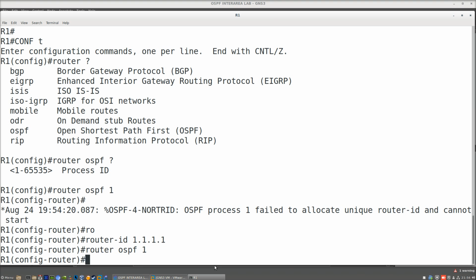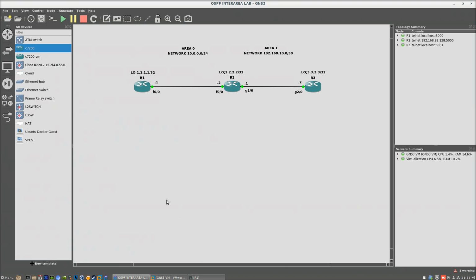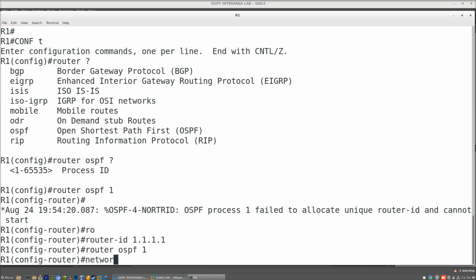So let's continue, and now we should put the network statement, which is only this one and this one for this router. So network 10.0.0.0, and different from RIP, which we have seen until now, we need to use a wildcard mask.